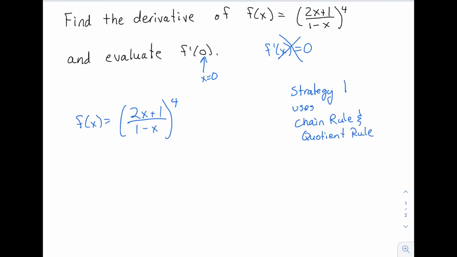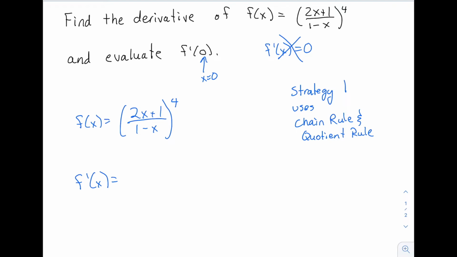All right, so let's start with the chain rule. We're taking the derivative, so we put our prime in. With the chain rule, we can see that we've got this inside function here and the outside function to the fourth power. So we're just going to ignore what's on the inside and say, I know how to take something to the fourth power. That's a power rule kind of thing, x to the fourth power. We don't have just x, but let's do this in a power rule kind of way.